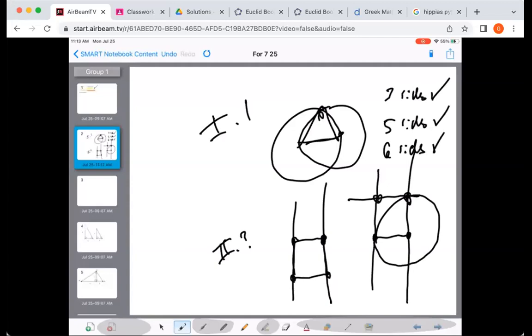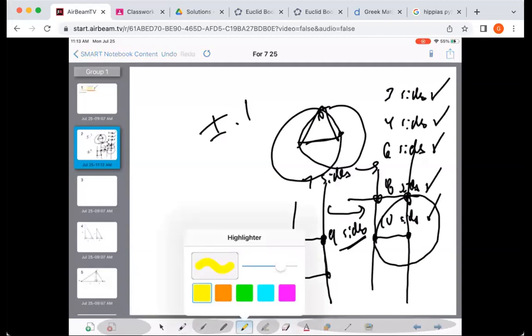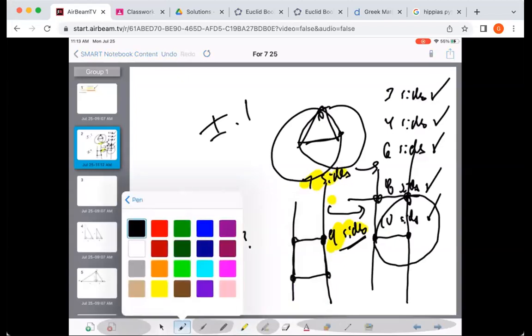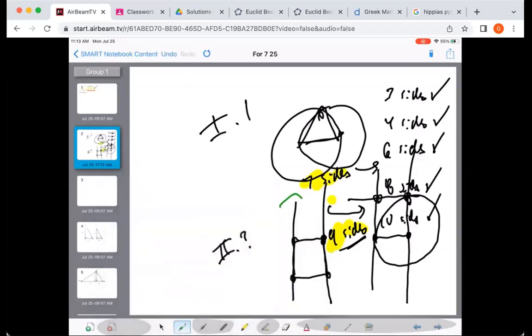Sorry, I meant 4 sides. 3, 4, 6. 8 sides is easy. 10 sides is easy. 9 sides is not easy. 7 sides is not easy. In fact, those two are impossible, unless you cheat and use some other tool. So 7 sides and 9 sides are actually not even possible with those tools.